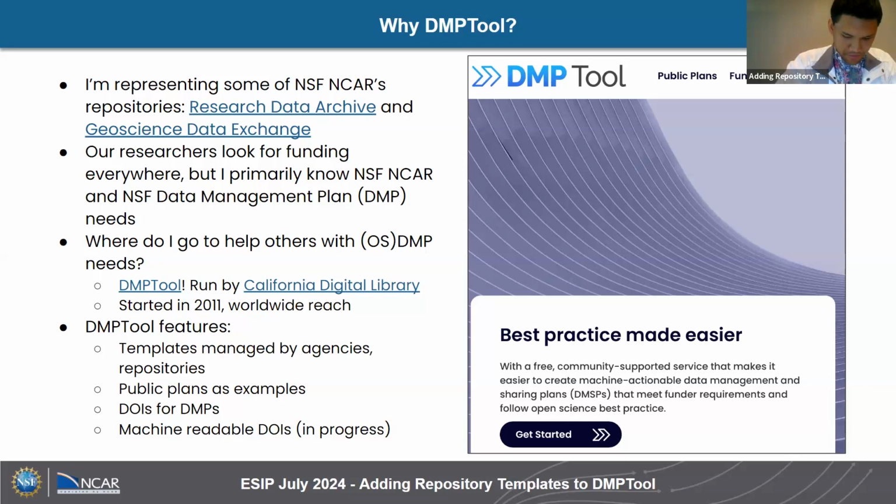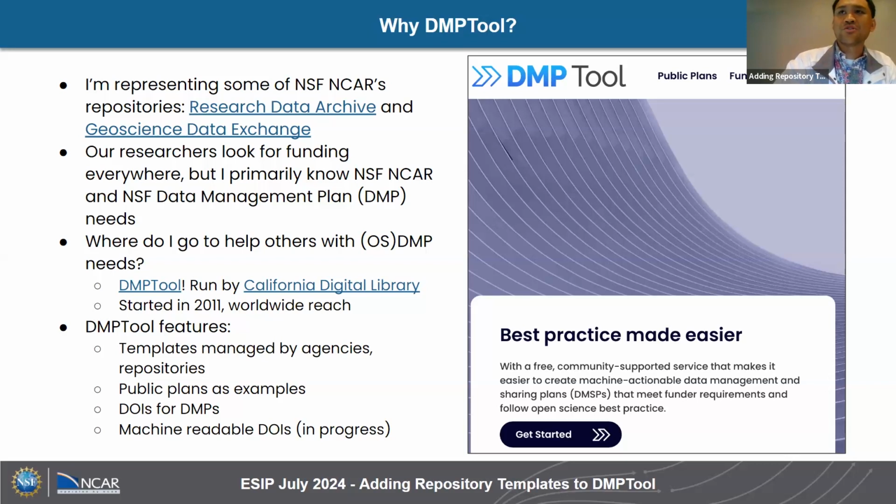This contrasts with what I do in these open science hackathon initiatives, where I'm out at different institutions teaching grad students, postdocs, staff, even PIs, where should you be going for help with your DMPs?